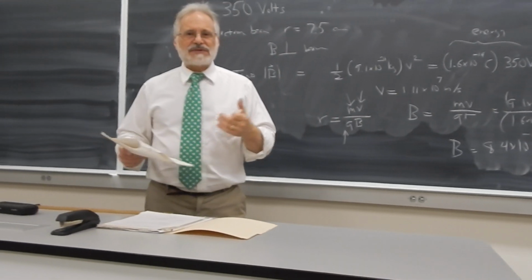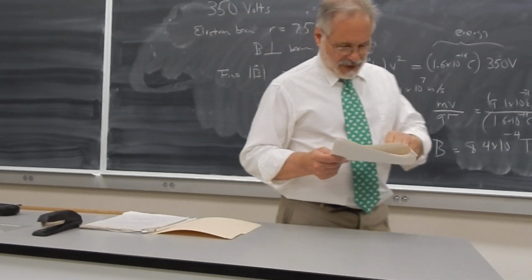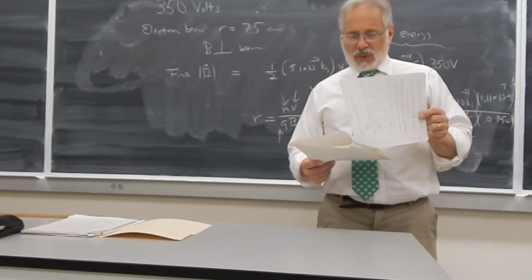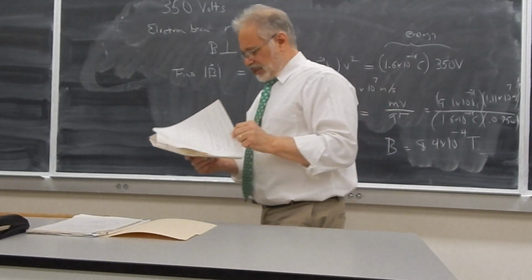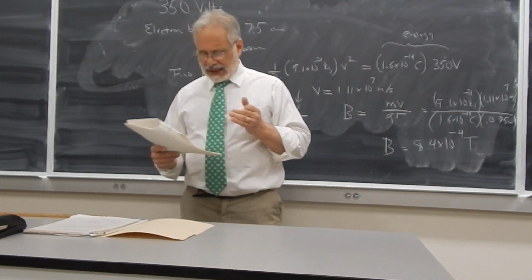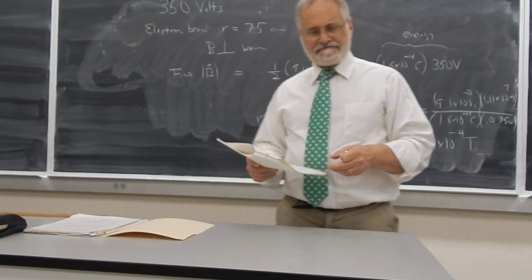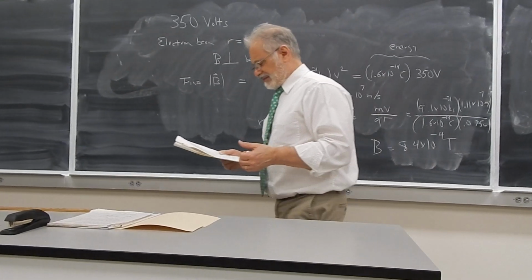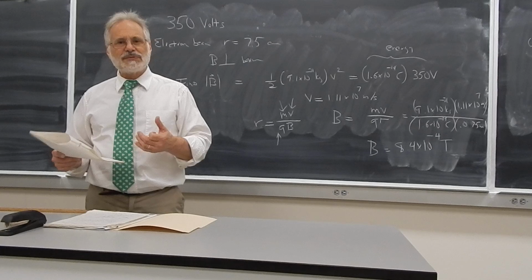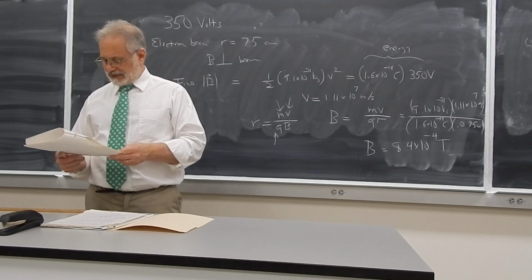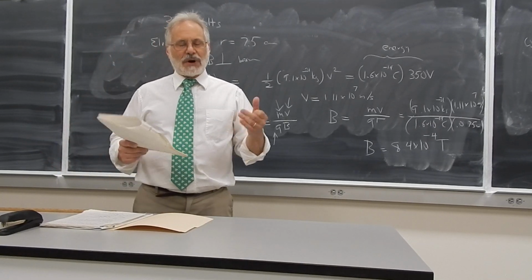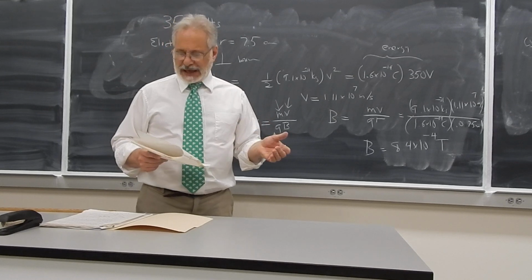One other thing that I'd just like to mention before we move on from here, and I believe we've probably talked about this before: if I have charged particles moving in a non-uniform magnetic field, the motion of the particle is much more complex.